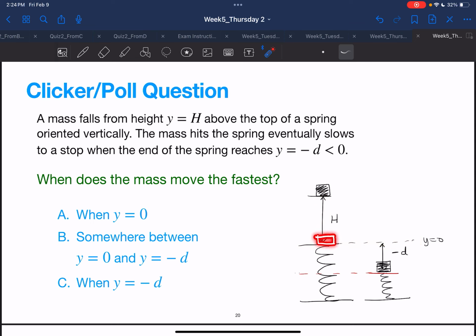Basically it makes contact with the spring, moves downward, the spring starts compressing, and then eventually the block comes to a stop when the spring is compressed to some y value of negative d. So here y is equal to negative d, and up here y is equal to h, and it's all in reference to this y equals 0.